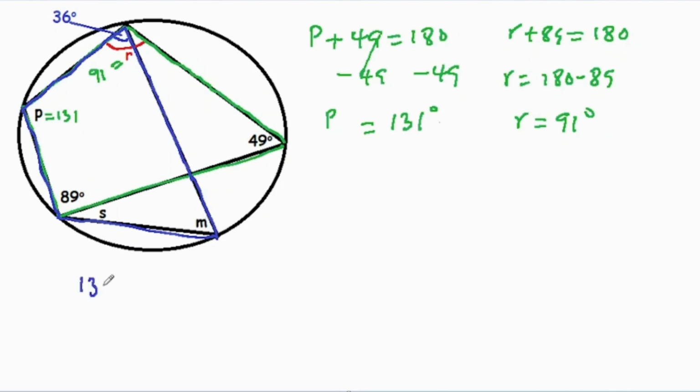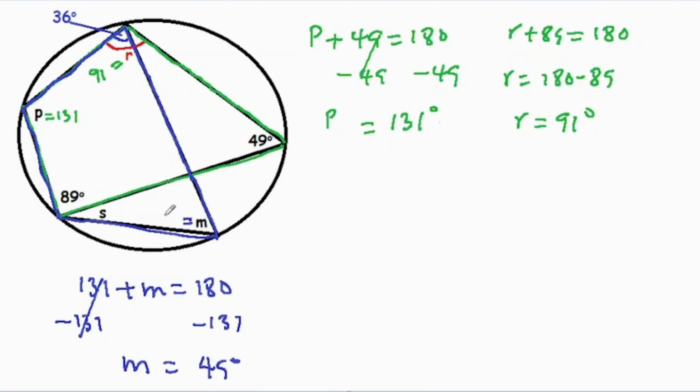So 131 plus M equals 180 degrees. So we subtract 131 from both sides of the equation, and M is going to give us 180 negative 131, and that is going to give us 49 degrees. So M is actually 49 degrees. So let's put 49 here.